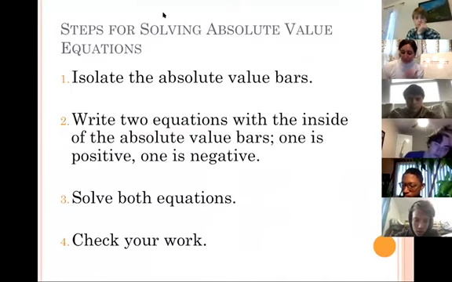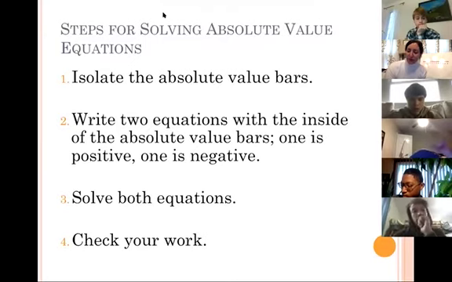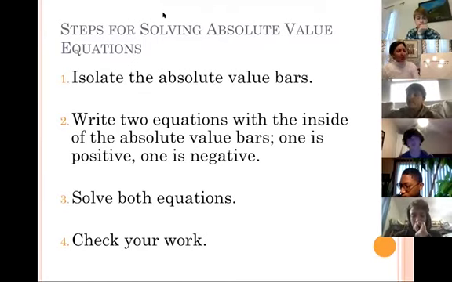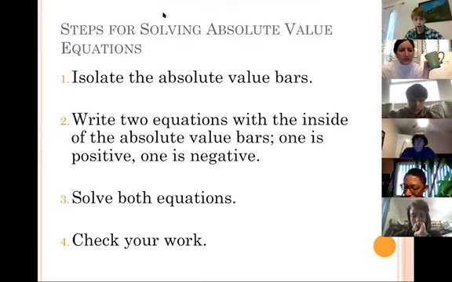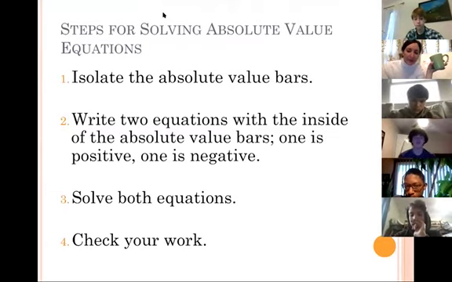When you solve absolute value equations, you're going to get those bars by themselves. Then we're going to write 2 equations. One will have that positive piece and one will have that negative piece.